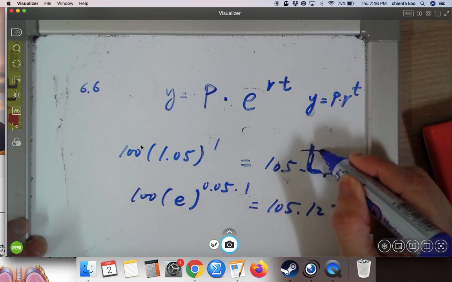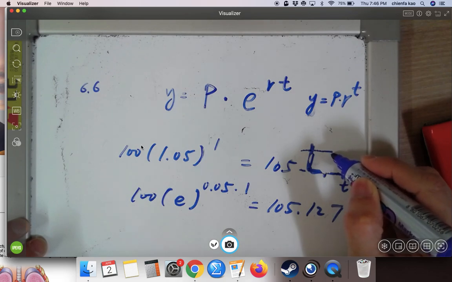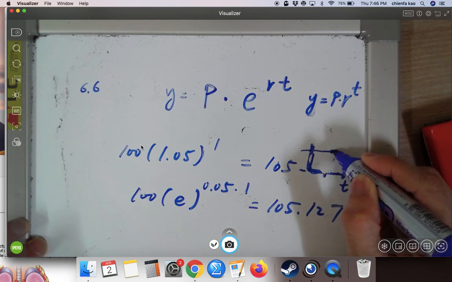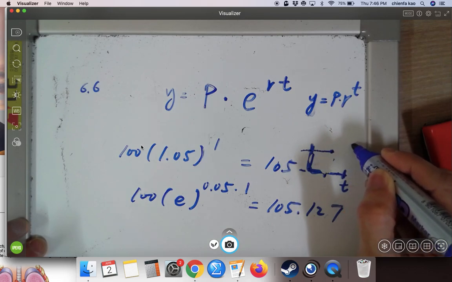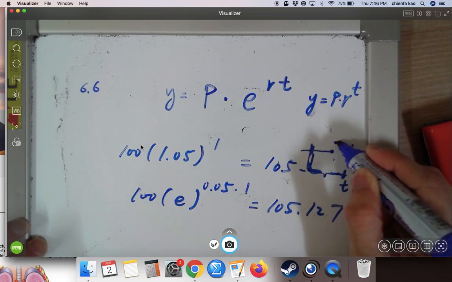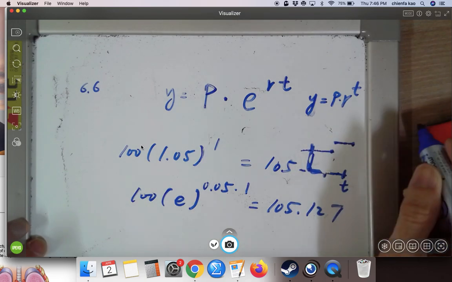If you leave it in your bank for 1 year, you get this amount of money. After 1 year, it will be $105, and then up to the second year, and you will do that again.